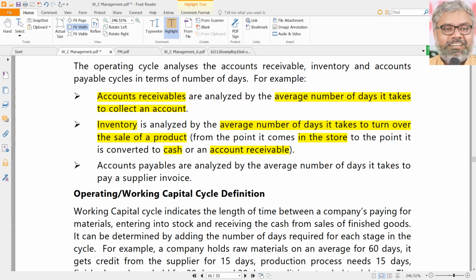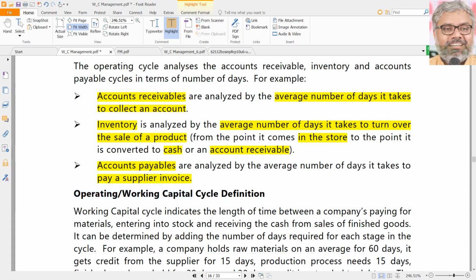This segment, or operating cycle concept, most of it we already know in the ratio analysis, wherein we call them with just different names, but the concept is the same. Same way, accounts payable also has an average payment period, how many days it takes to pay a supplier invoice.